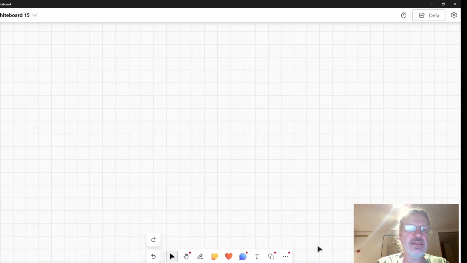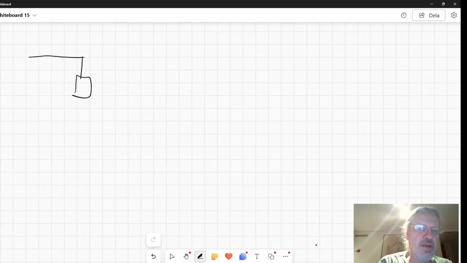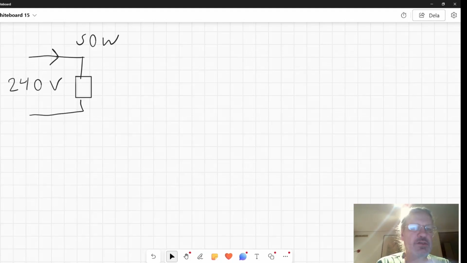Okay, over to another case. Here we have a charger for a mobile phone. I'll just draw that as a block here. And yet again, we have mains voltage, 240 volts coming in. And we say that this is rated at 50 watts. And our question is, what current would we have coming in here?